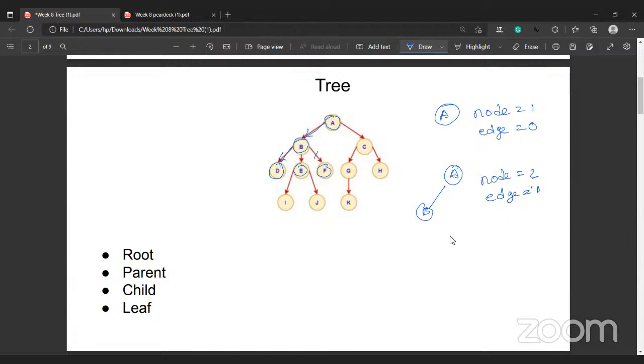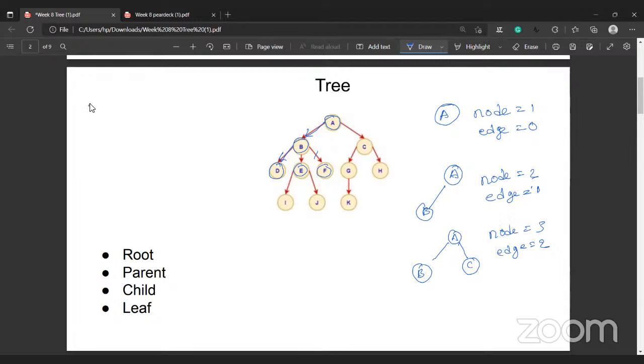Suppose there are three nodes, the edges will be 2, right?